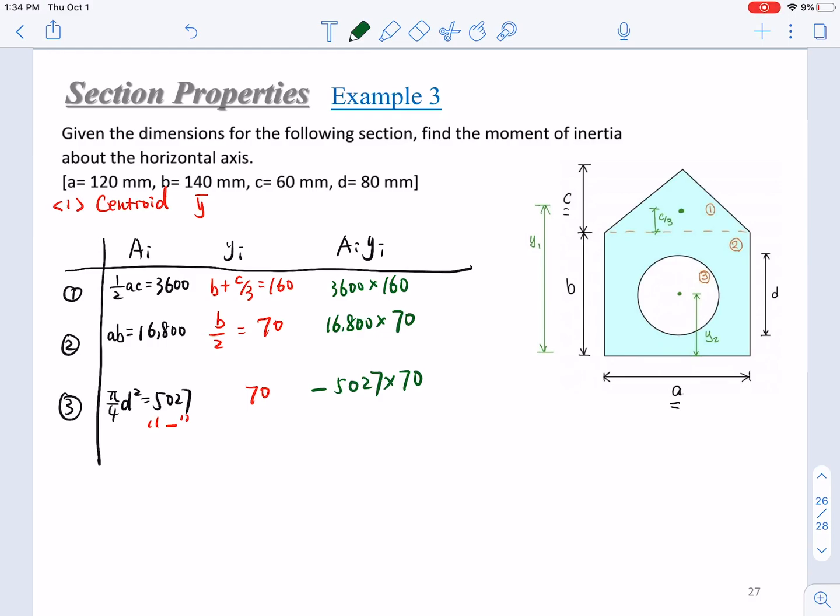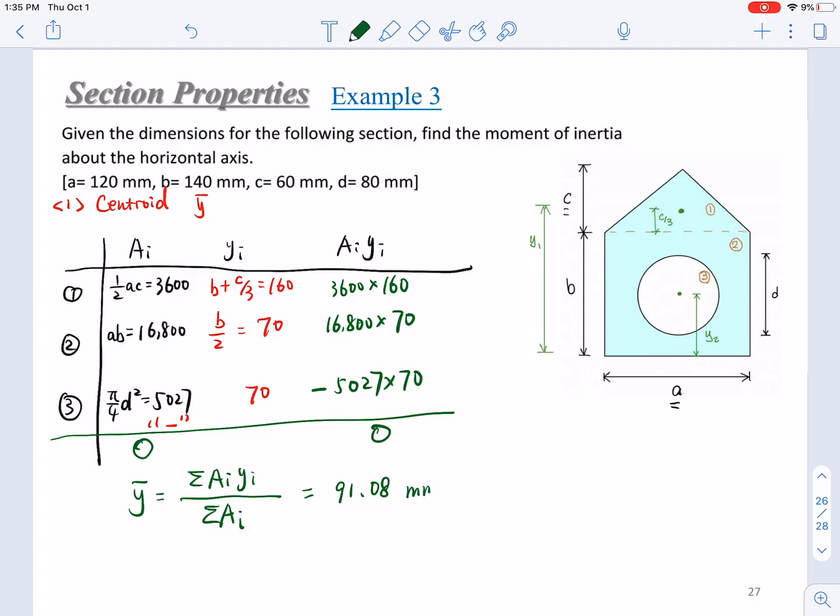Okay, so using these numbers, we can calculate that y bar equals sum Ai yi over sum Ai. You just get this value here, and then you can get the results. Okay, it will be 91.08 millimeter.